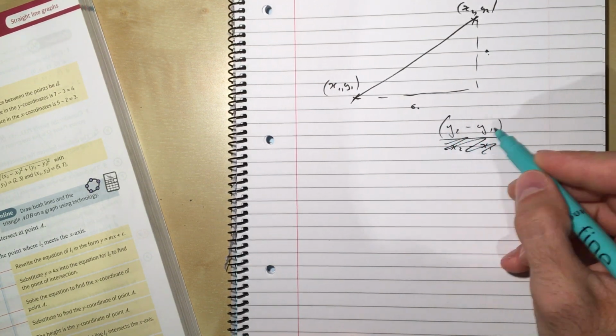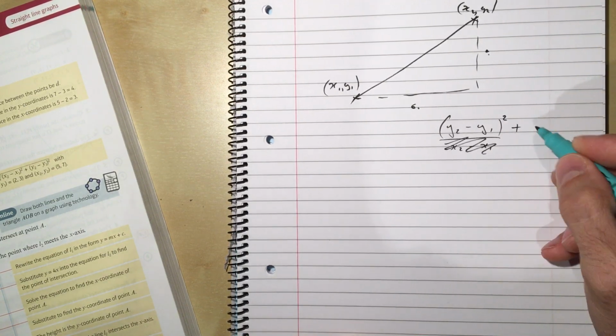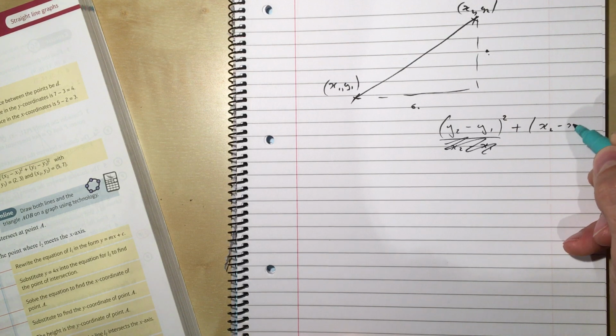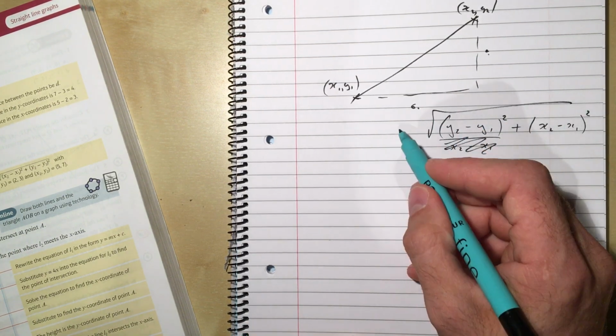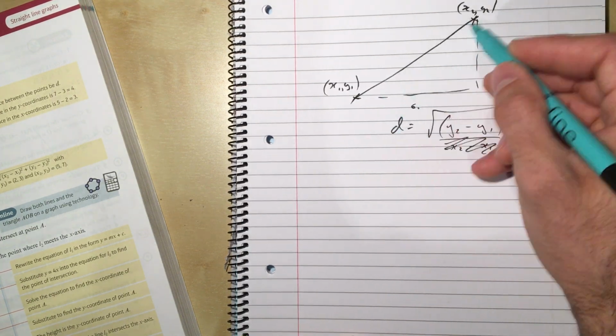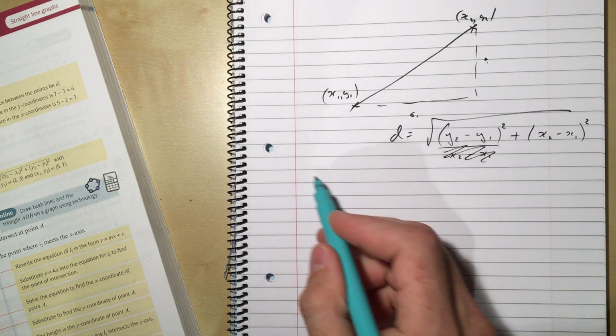So change in y, that's that distance. Square it, add it to that distance squared. If you square root that, you'll find the length of this hypotenuse of the right angle triangle by Pythagoras Theorem. So that's where the formula comes from at the start of section 5.4, and I'm sure you've seen that before. Now, area.